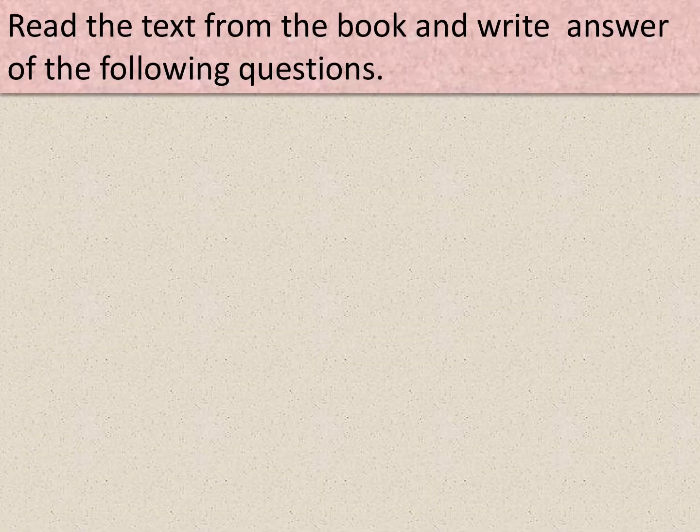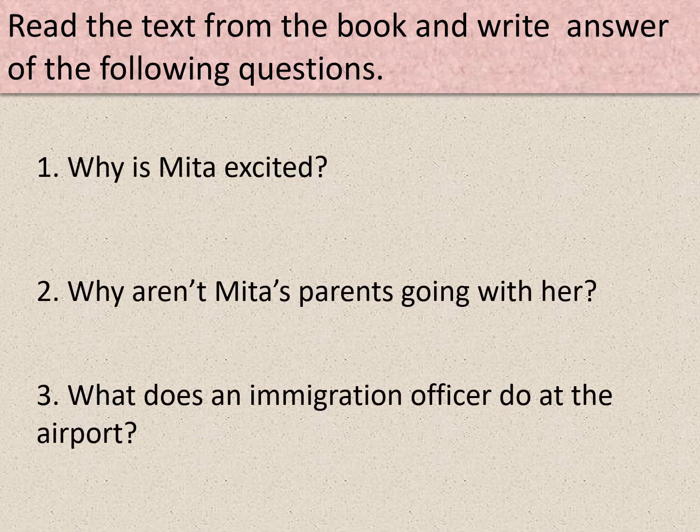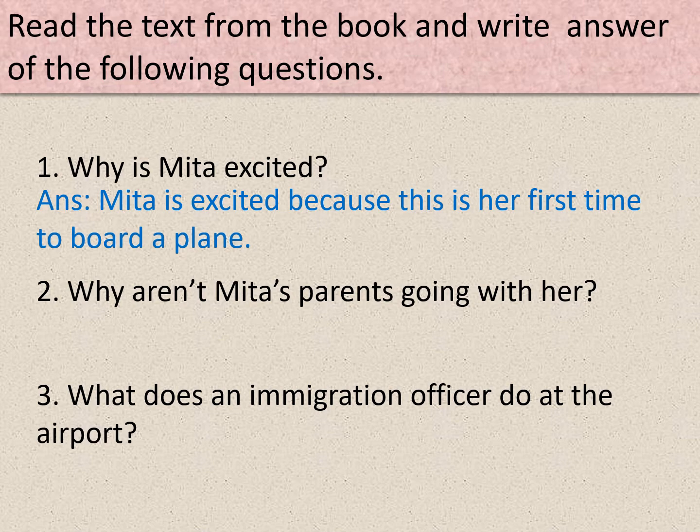Dear students, as we have gone through the text, now let's see some questions. Why is Mita excited? Can anyone tell me the answer? Yes, Mita is excited because this is her first time to board a plane. Now let's check the answer. Mita is excited because this is her first time to board a plane. Right. Number 2, why aren't Mita's parents going with her?